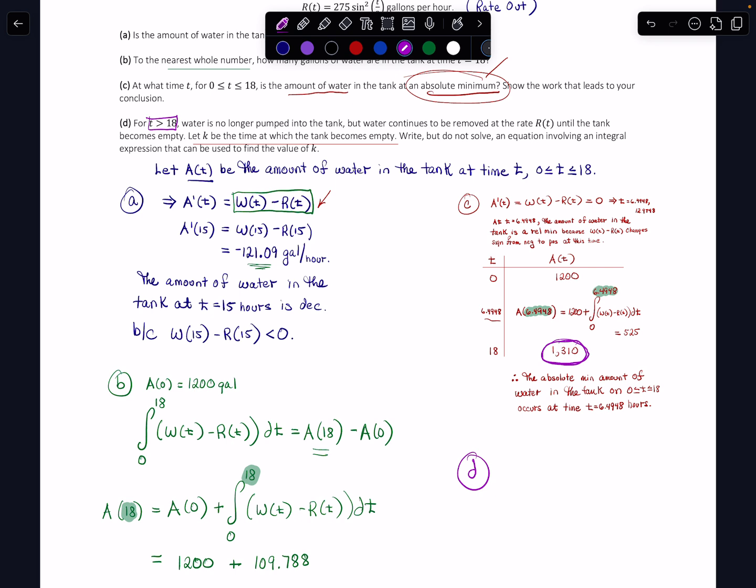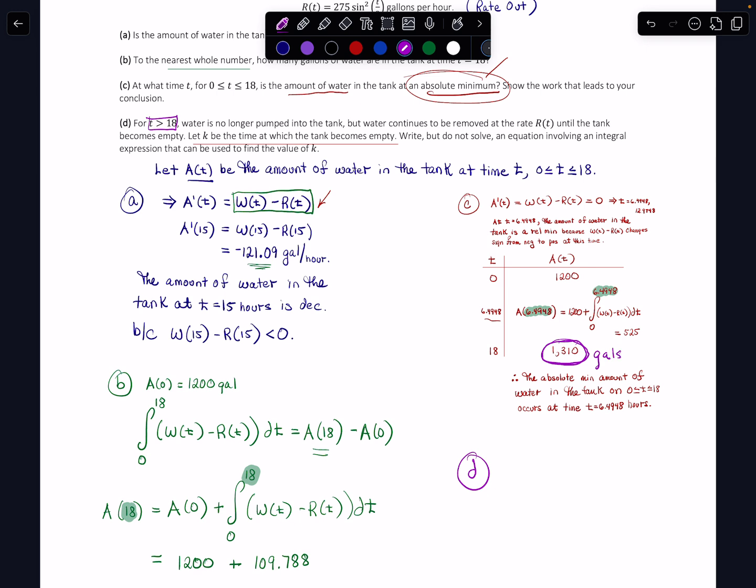Luckily, I have that, because if I didn't, I'd have to go find it. The people that make up these questions can be pretty kind in that way: you actually have most of what you need. You just have to piece it together correctly. So there's 1,310 gallons in the tank when the water coming in is shut off.